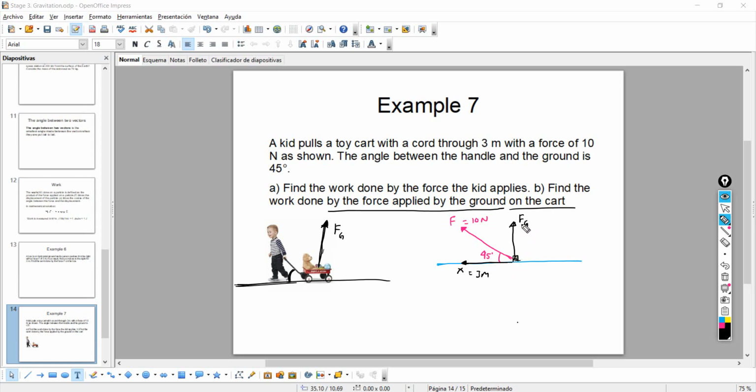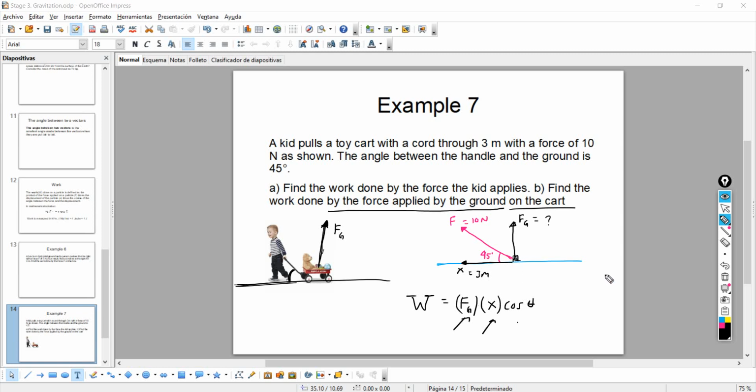Do we actually need this force? Because we don't know it, right? They don't tell me what this force is. But do we really need it? We don't. Let me tell you why. If we wanted to calculate the work done by this force on the cart, all you need to do is multiply that force, the force applied by the ground on the cart, times the displacement, which is 3 meters, times the cosine of the angle between this force and this displacement.